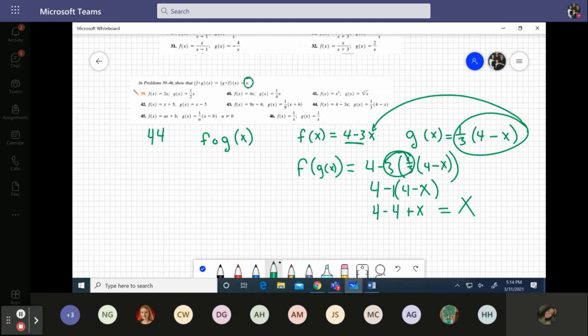What about g of f? I have 1/3 times 4 minus 4 minus 3x. So I work from the inside out.